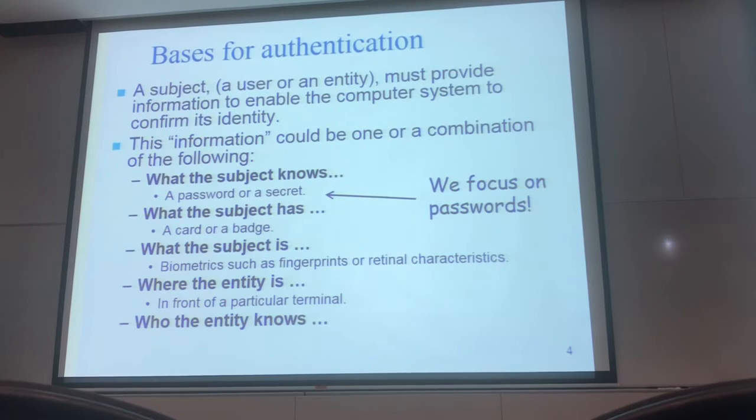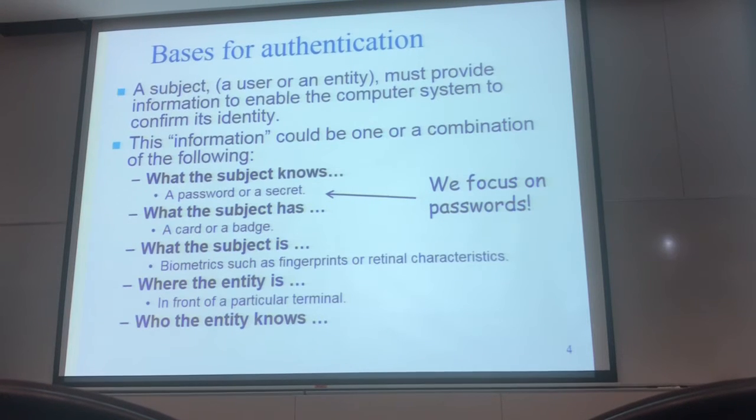Some other systems use a mobile phone. Like in Australia, we don't use this kind of hardware token. We use a mobile phone. Every time we want to log in, we need to type in our password, and then I will receive a one-time password through my mobile phone, and then I can use the one-time password to log in.